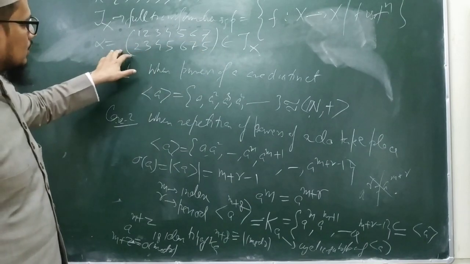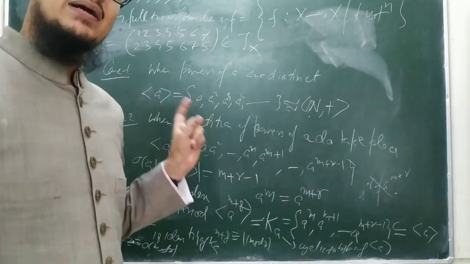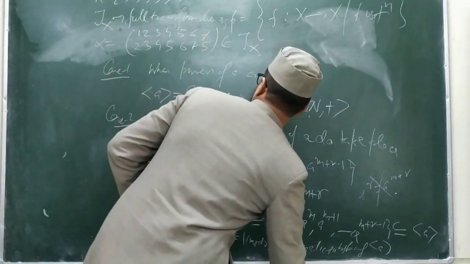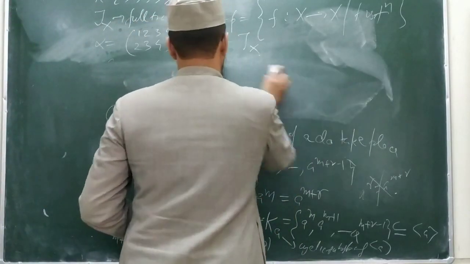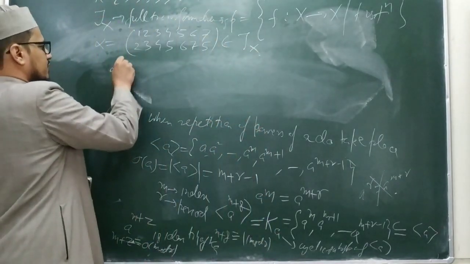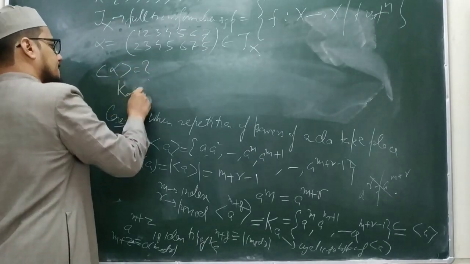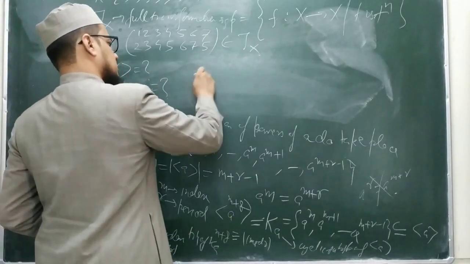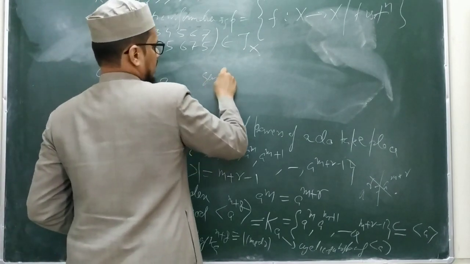Now we find the monogenic subsemigroup generated by an element alpha, correct? You have to find this, that it is generated by the generator of K alpha.